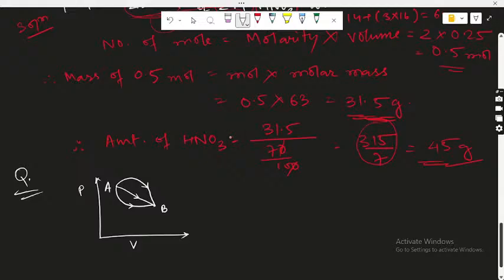A given mass of a gas expands from state A to state B by 3 paths, 1, 2, 3. If W1, W2, W3 are respectively the work done by the gas along the 3 paths, then select.